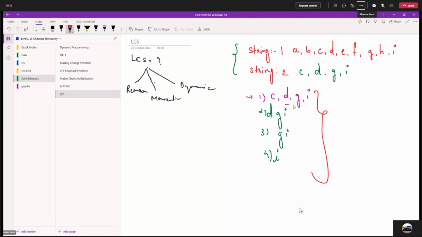Which particular string has the longest length? This one has length 4. So this is the longest common subsequence. Here we can say that the longest common subsequence for this string is C, D, G, I. Getting my point? Understand or not? Yes, ma'am. Okay.